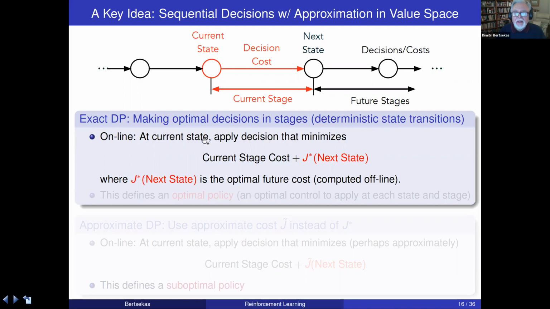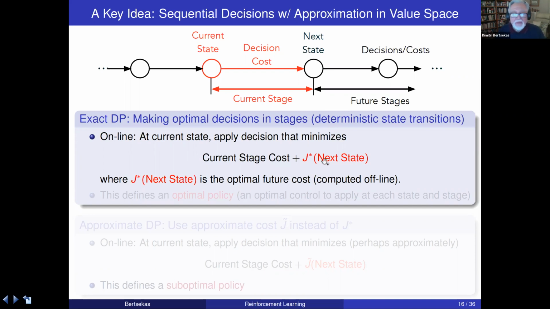At the current state, we have many decisions at our disposal, and we apply the decision that minimizes the current stage cost plus the cost of the future stages, starting from the next state where we land. Okay, so the optimal decision is to minimize in this expression over all possible decisions, and J star here is a function, okay?